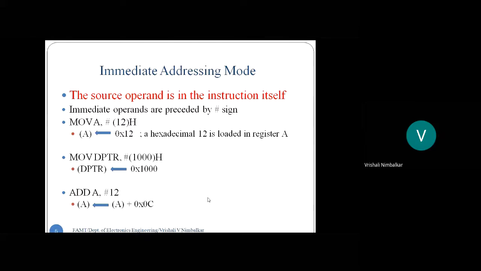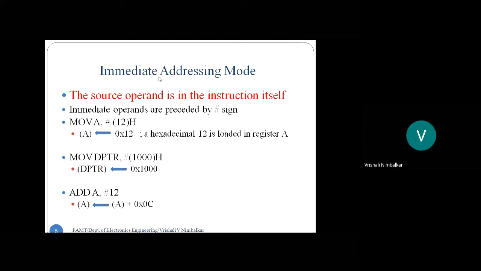And after the comma, whatever is written is called the source operand. So instructions are always mnemonic, then destination, comma, source. And always the transfer is from source to destination. Hence I'm referring here to the source operand, the one which comes after the comma.